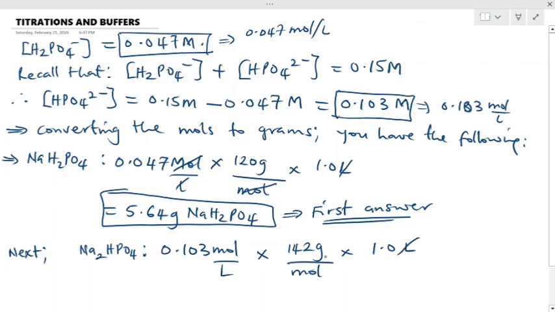Liter cancels liter, and moles cancel moles, so what you are left with is grams, and that gives you 14.63 grams, and that of course forms the second answer. Great. The second answer that is required.